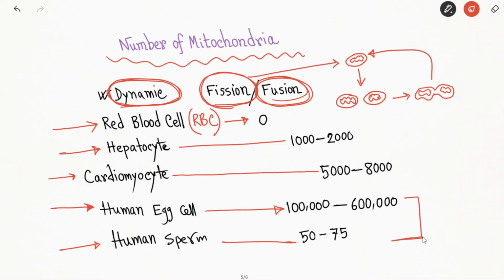In future, we will learn in detail how these numbers affect the mitochondrial DNA in our cells. Right now, just remember that human egg cells have a lot of mitochondria compared to human sperm.